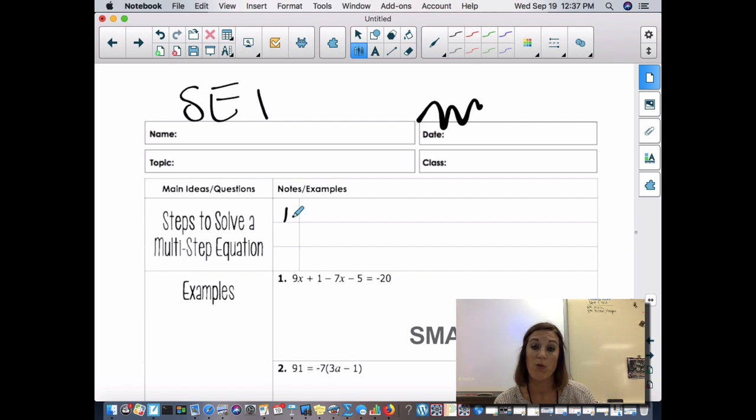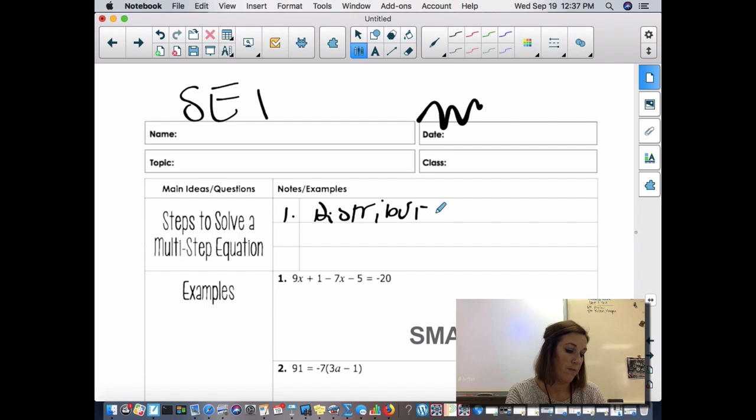The first thing that you want to do, if there's any parentheses in the problem, you want to make sure that you distribute. And that looks really bad. I apologize for that.